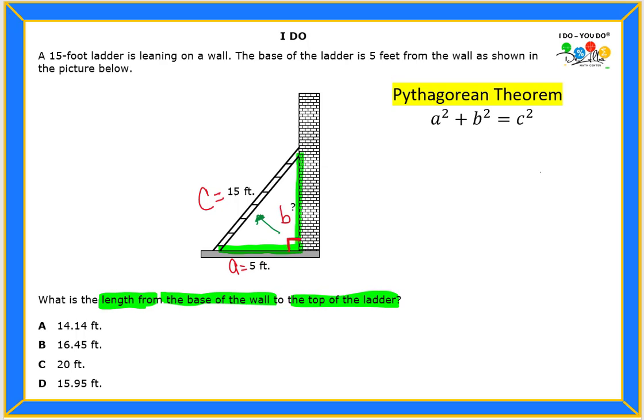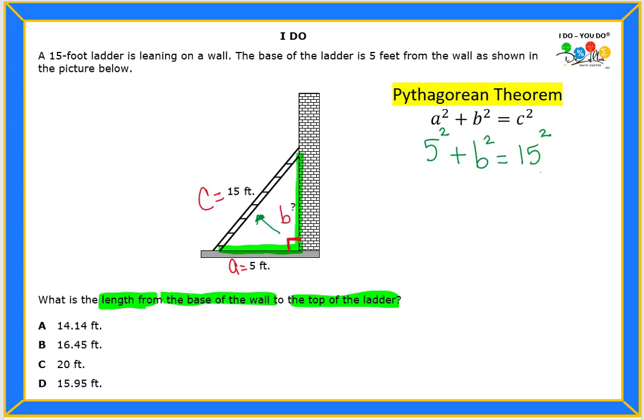So A is going to be 5, and it is feet. I'm just going to write down my number 5. I can either write parentheses or not. It's up to you. So B, it's going to be just like that. And C is going to be my 15 to the second power. I don't need to put parentheses.